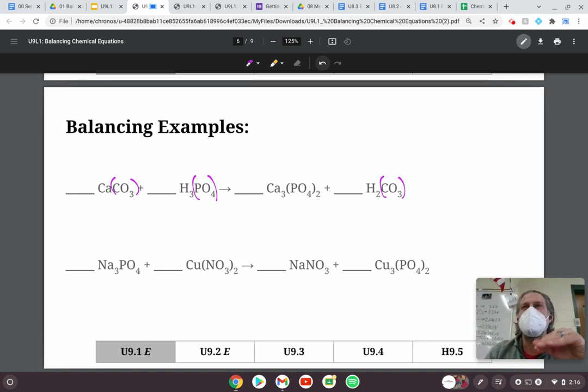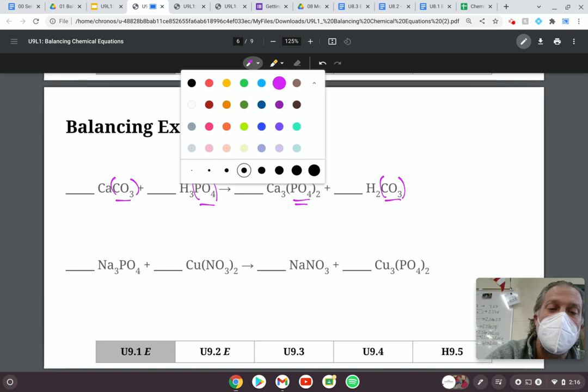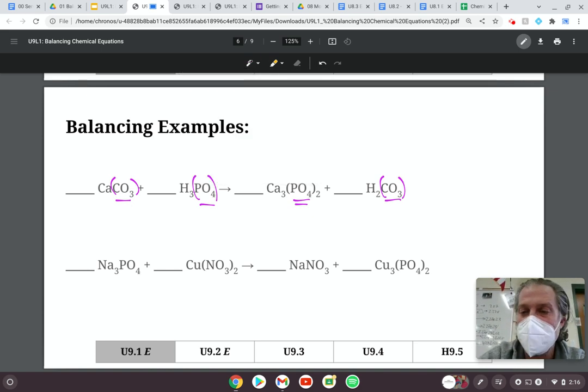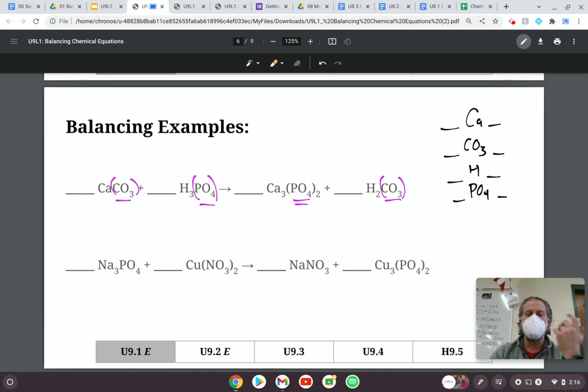And that means instead of treating carbonate as carbon and oxygen, it's 1 unit. So I've got 1 unit of carbonate, 1 unit of phosphate. In this case, I've got 2 units of phosphate and 1 unit of carbonate. So when I go to identify the elements that I have present, I'm going to start with calcium, with carbonate, with hydrogen, and with phosphate. And then I'm going to count.